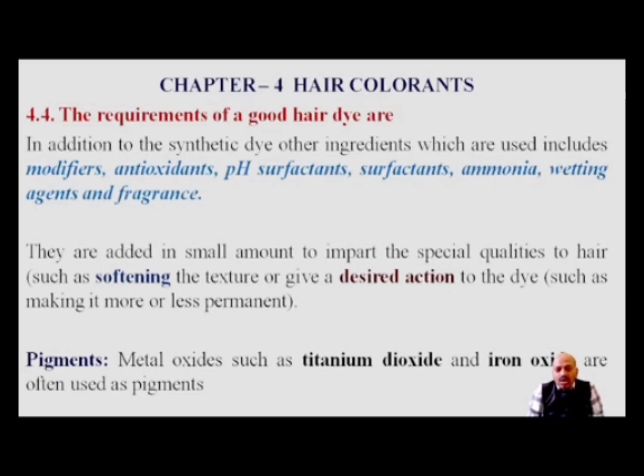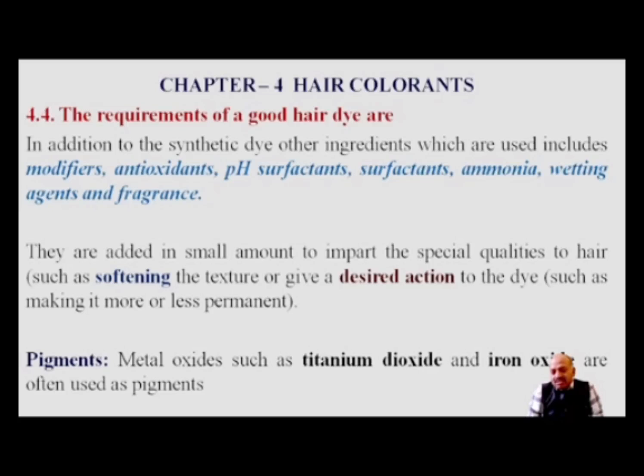They are added in small amounts to impart special qualities to hair, such as softening the texture, or to give a desired action to the dye, such as making it more or less permanent. And pigments may also be added.